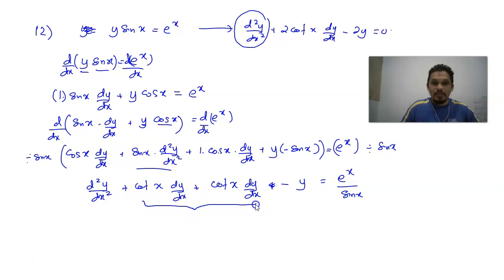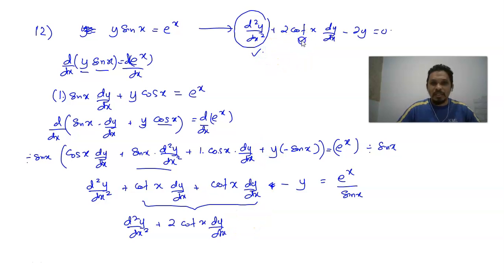So look at this two here now, second derivative of y respect to the x plus 2 cotangent x dy dx. Okay, the first part is already here now, then the second term is here. What else? Minus y.